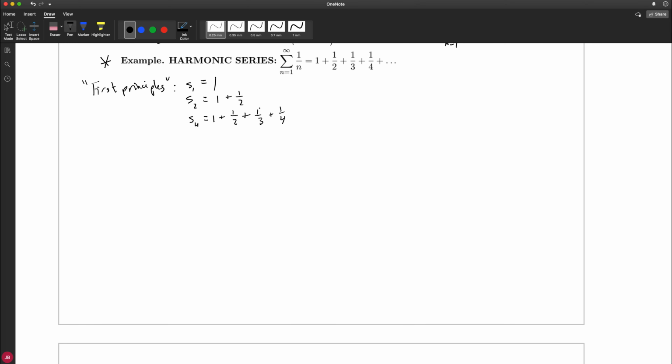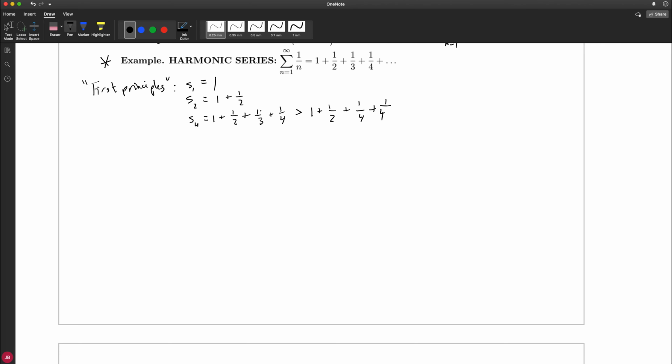And now, here's a neat observation. This is actually bigger than, well, what if I took this 1/3 here and replaced it by 1/4? It's not clear why I'm doing that, but just bear with me. Then the number I get over here, 1 plus 1/2 plus 1/4 plus 1/4, is a smaller number than having that 1/3 there, right?